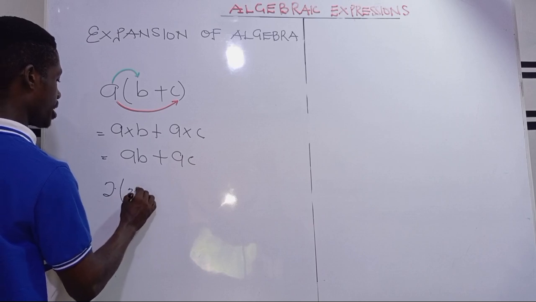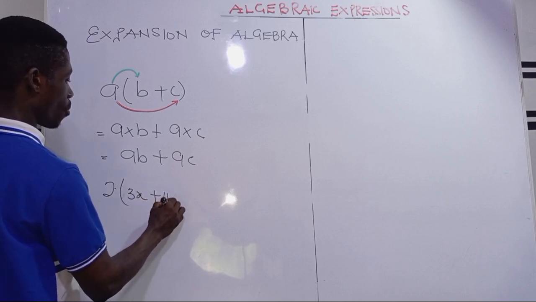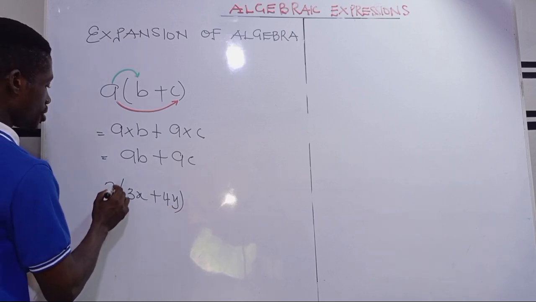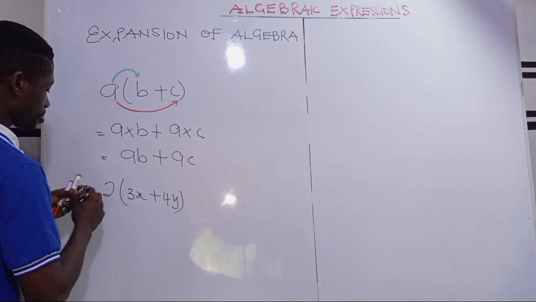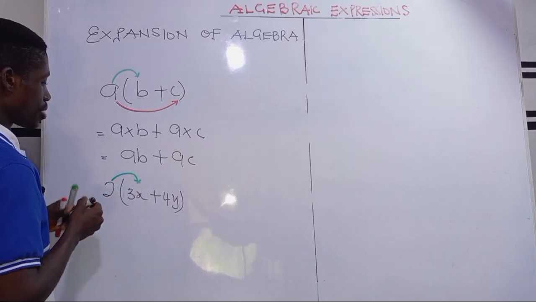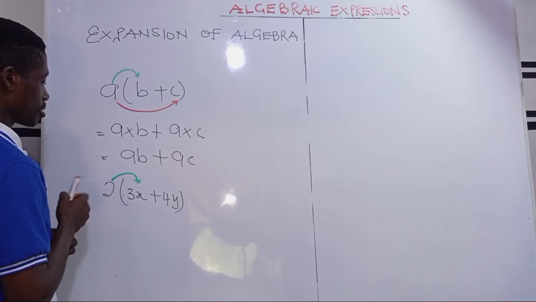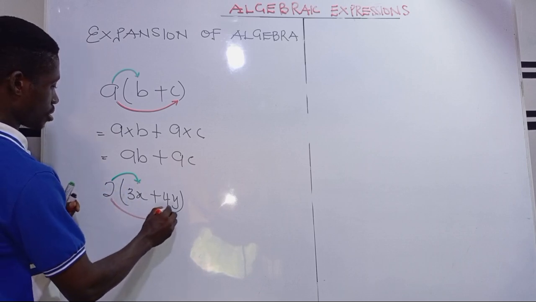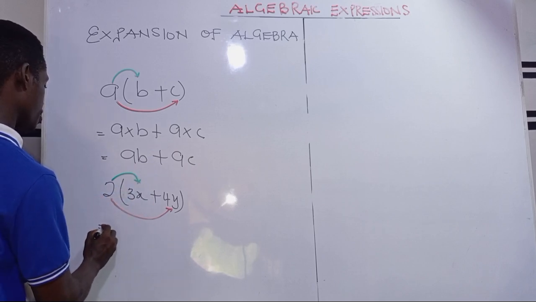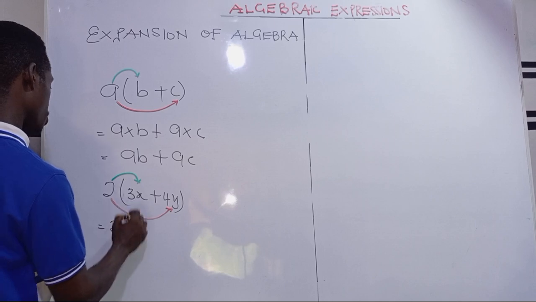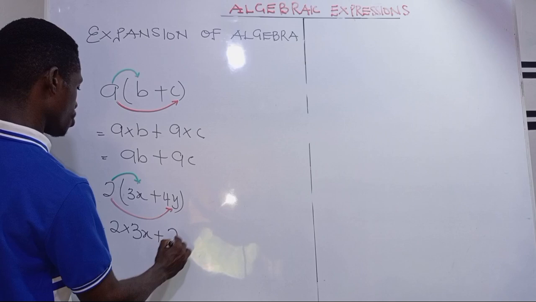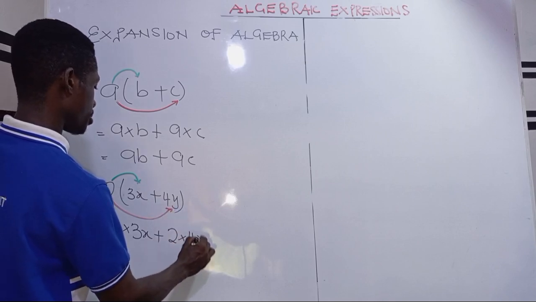Also, when you have, let's say, 2(3x + 4y), and then we have to expand the bracket, we are going to use the number outside the bracket to multiply the individual terms within the bracket. So we are going to get 2 times 3x plus 2 times 4y.